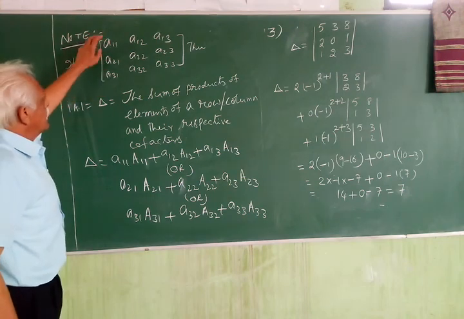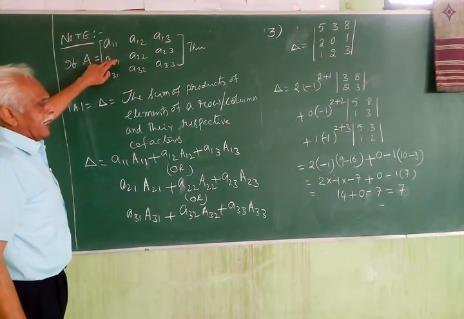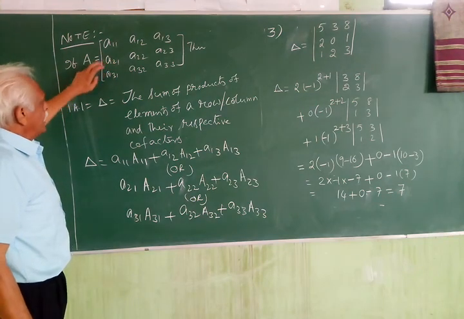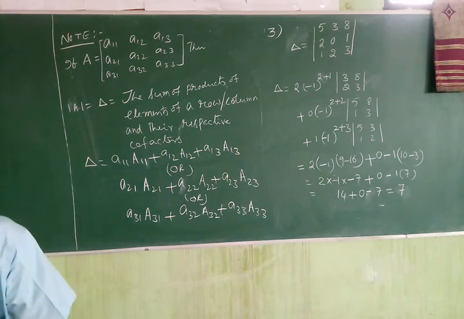Consider the rows. A11 into capital A11, A21 into capital A21, A31 into capital A31. Where do you have that? You have option number D.